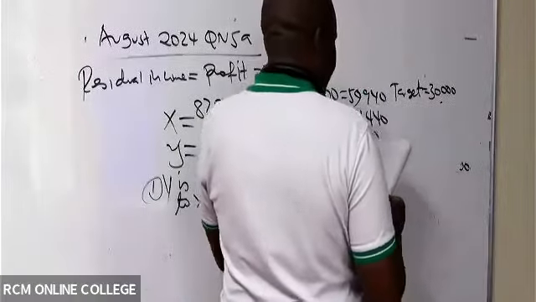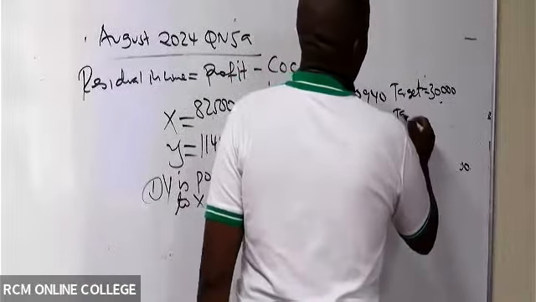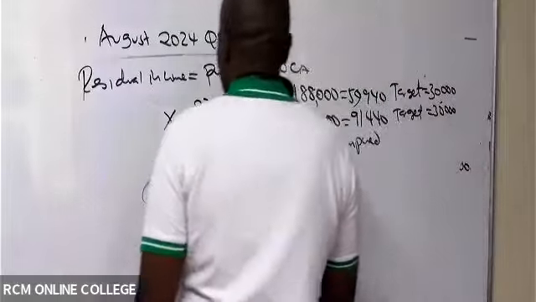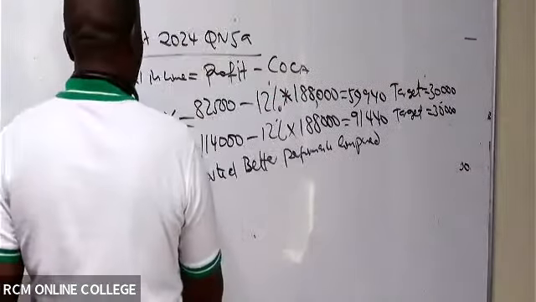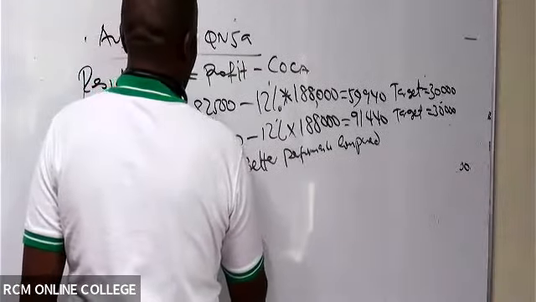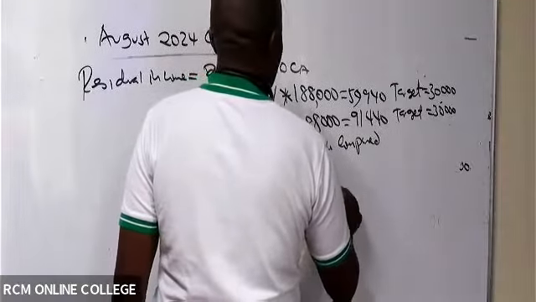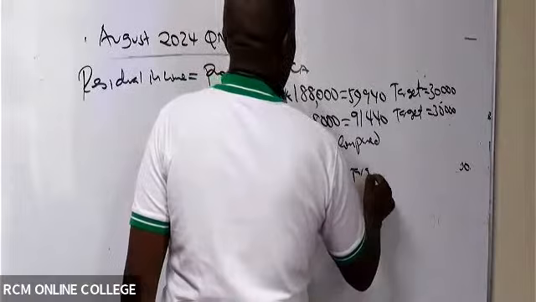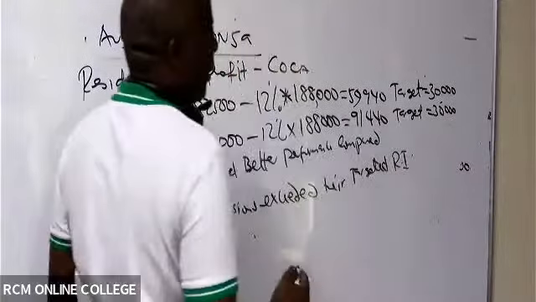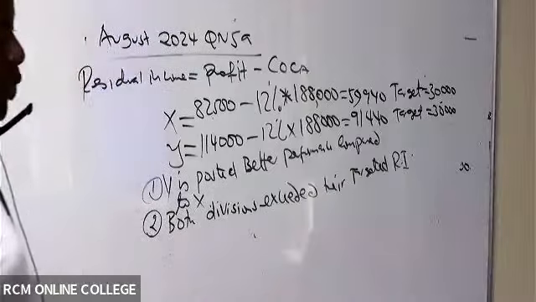And for Y, the target is as well 30,000. So both divisions exceeded their targeted residual income. And then you say, very good performance.